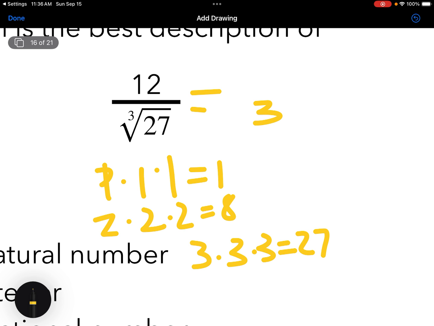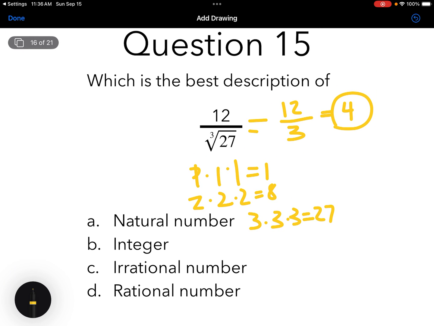So we got 3. 12 divided by 3 is 4. So that's a whole number, right? So we know it's not irrational. And yes, it could be an integer. Yes, it could be a rational number. But the best description of it is a natural number, because that's the innermost circle of it.